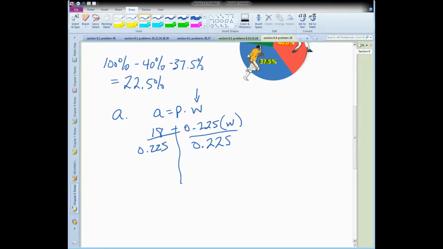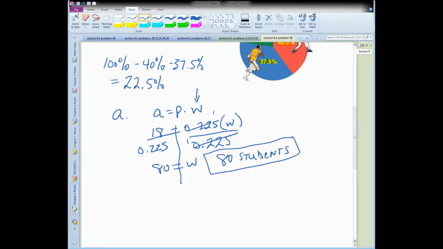I have 18 divided by 0.225, and my answer is 80. After this cancels, I get W by itself. So there are 80 students total.